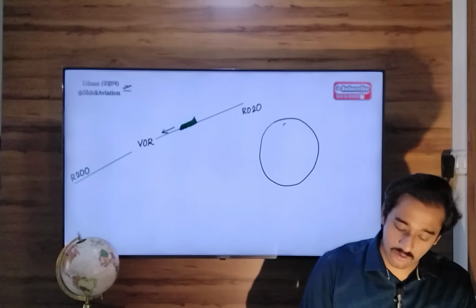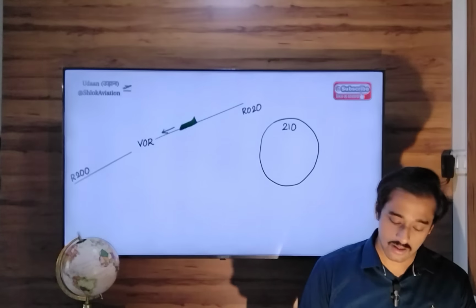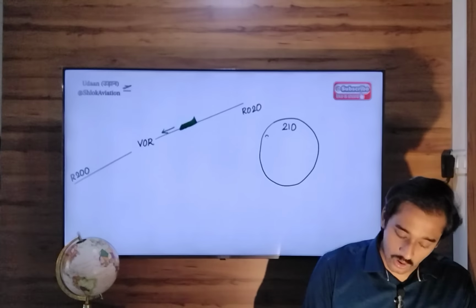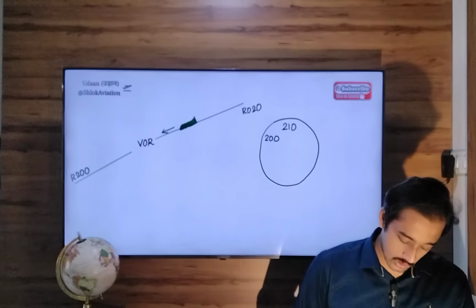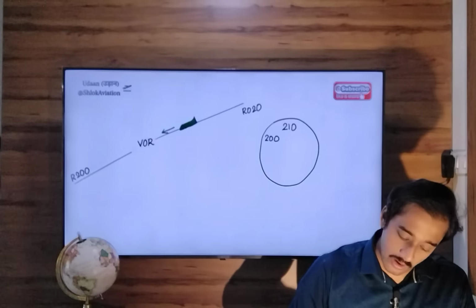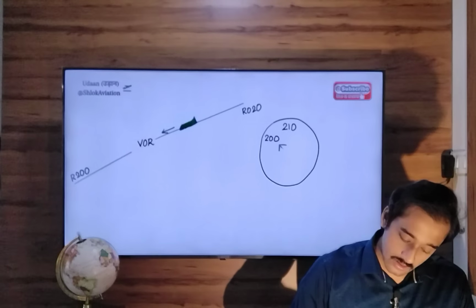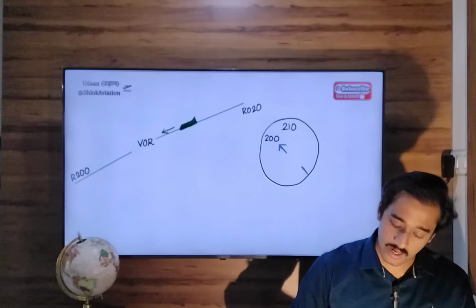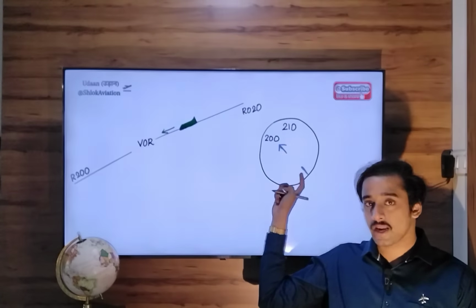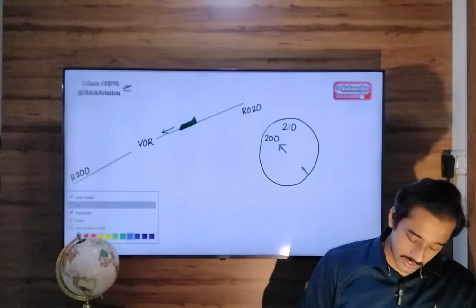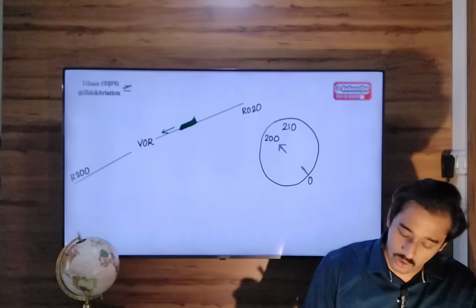A magnetic heading of 210, course selected on 200. Therefore, the arrow is pointing towards that course, and the tail of that arrow will be pointing on the radial, telling you about your radial, which will be 020.